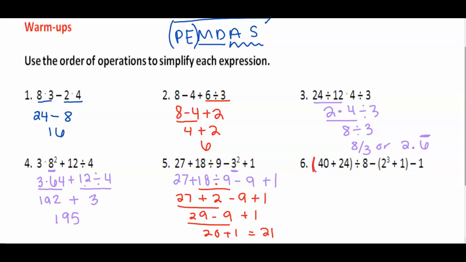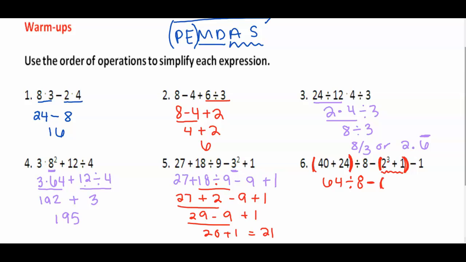In 6, we have parentheses here. That comes first. So we're going to do 40 plus 24, which is 64. And then continuing left to right, we get parentheses again. So we write divided by 8 and minus. Now we're going to work inside here. 2 cubed is the same as 2 times 2 times 2, which is 8.